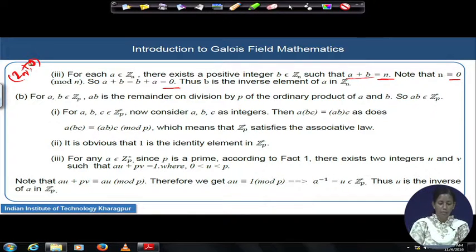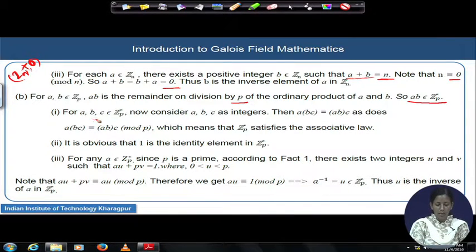Let us see the other one. Zp star is the set of all the nonzero elements modulo a prime p. Let A and B belong to it, and AB is the remainder of the division by p of the ordinary product of A and B. Going by the same logic, AB should belong to the set Zp star.